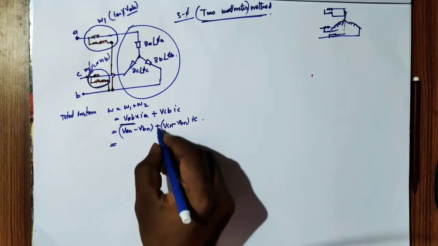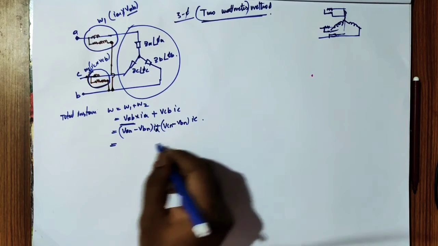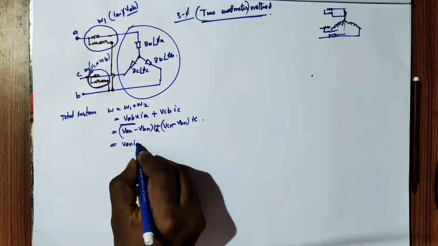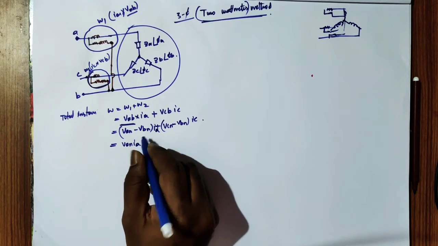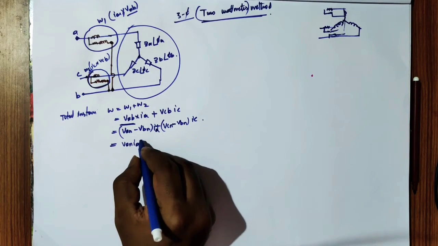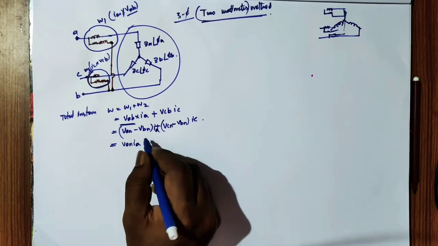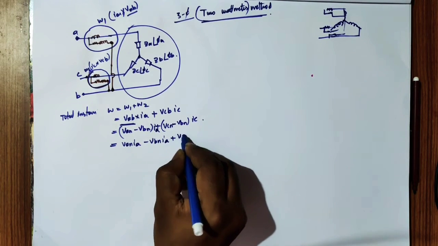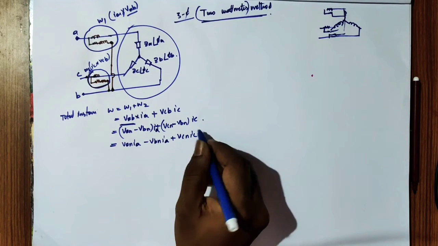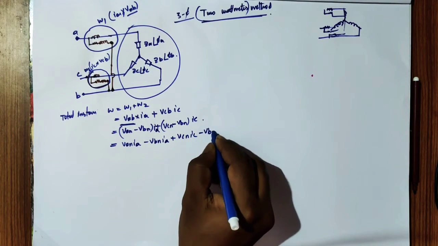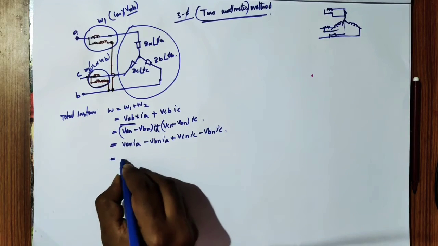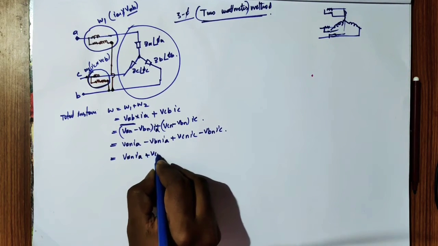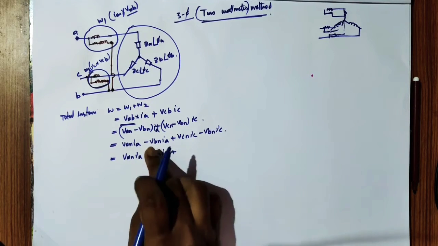Now we multiply with IA and IC. So what will we get? VAN IA minus VBN IA plus VCN IC minus VBN IC. So take VAN IA plus VCN IC. What is common here?